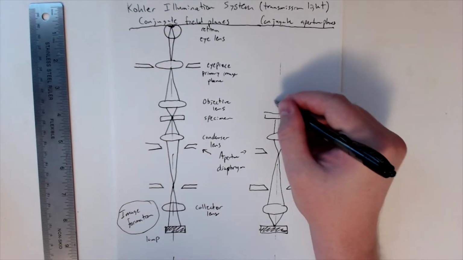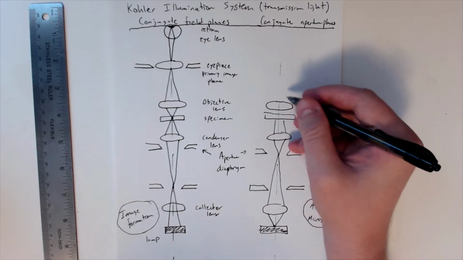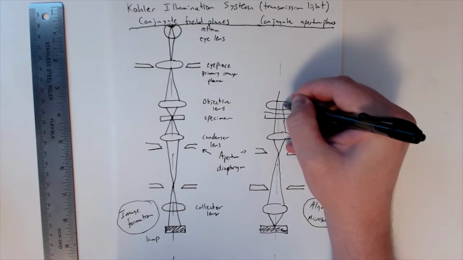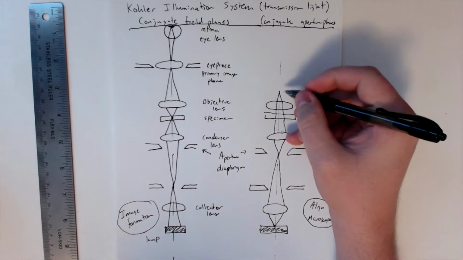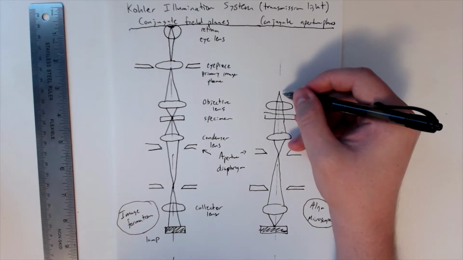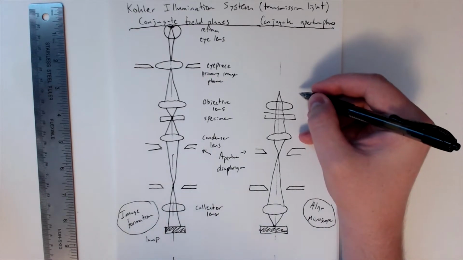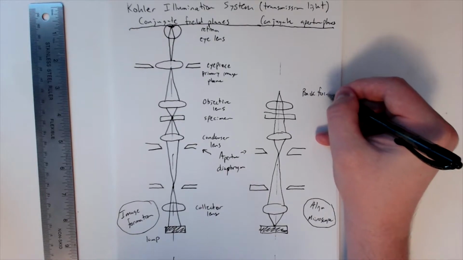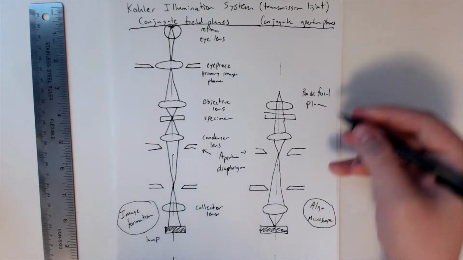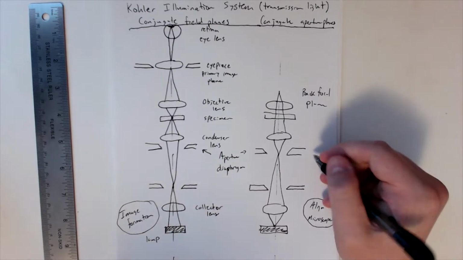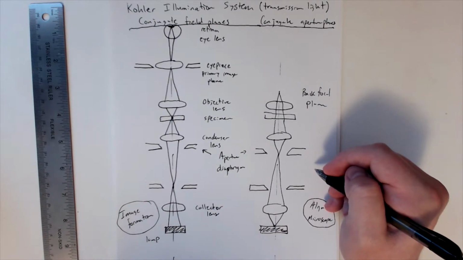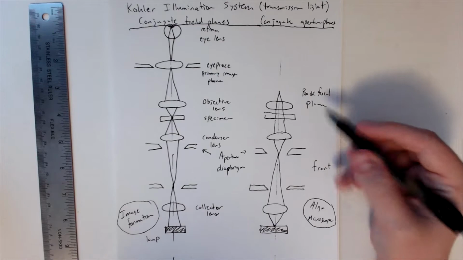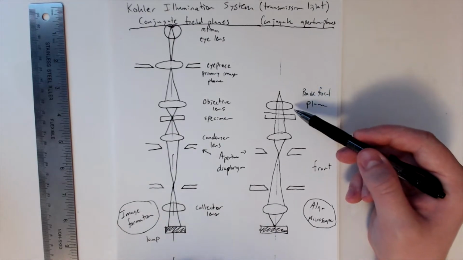And then the objective lens condenses it at a point up here on what we call the back focal plane of the objective lens. So this is the back focal plane. So this would be the front. Just for reference, this would be the front, so we're just referencing the objective lens.